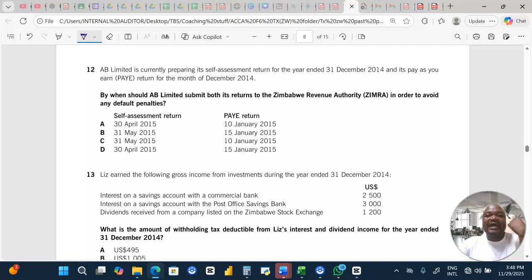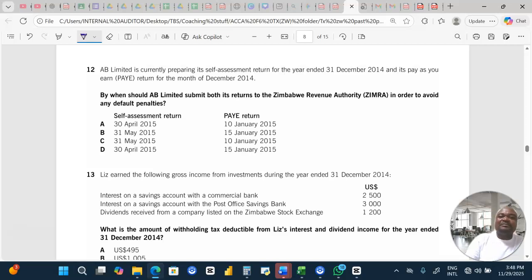By when should AB Limited submit both its returns to ZIMRA, the Zimbabwe Revenue Authority? By when? So you might not be knowing the due date for self-assessment return, but you should be knowing the due date for PAYE, isn't it?